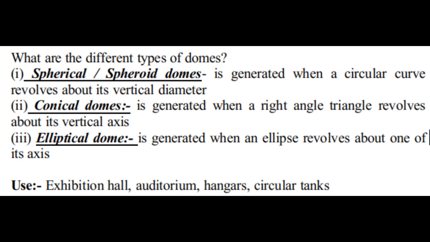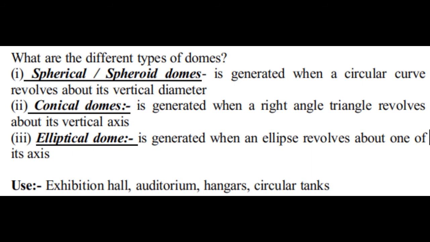Now, a spherical dome is generated when a circular curve is revolved about its vertical diameter. A conical dome is generated when a right angle triangle revolves about its vertical axis, that is the perpendicular. So when a right angle triangle is revolving, a conical dome is generated.